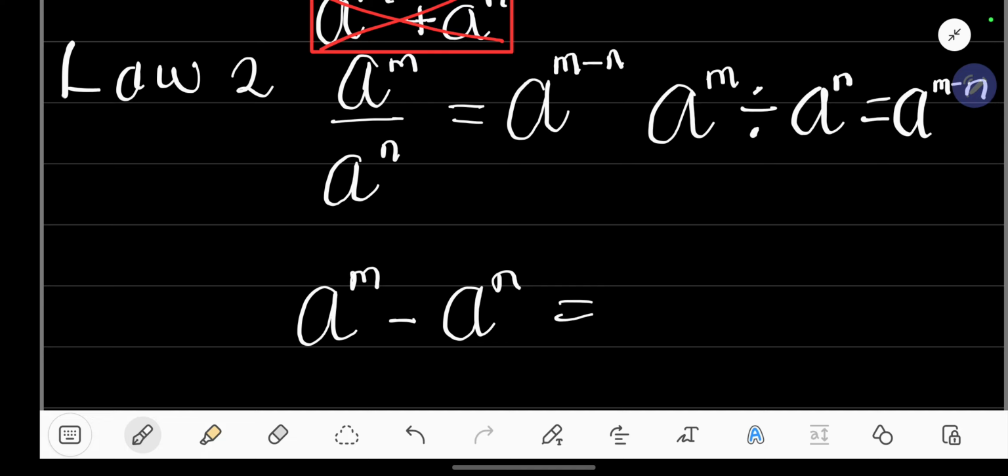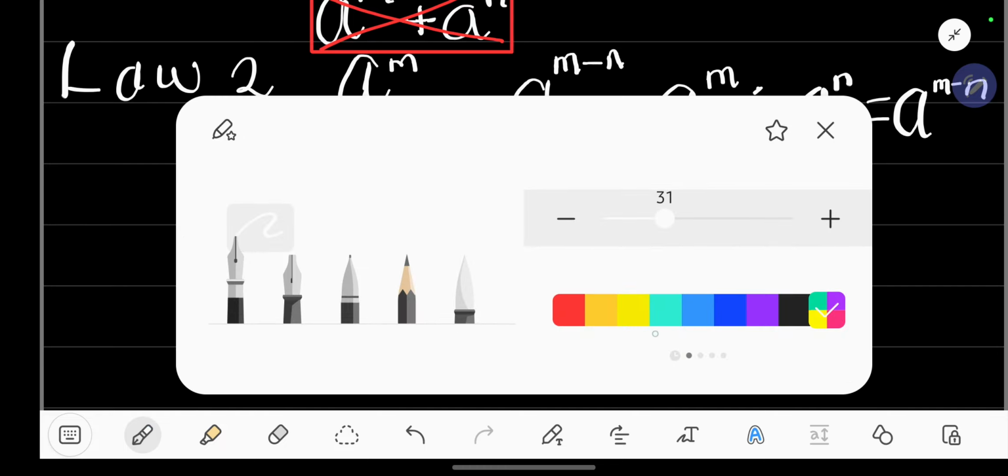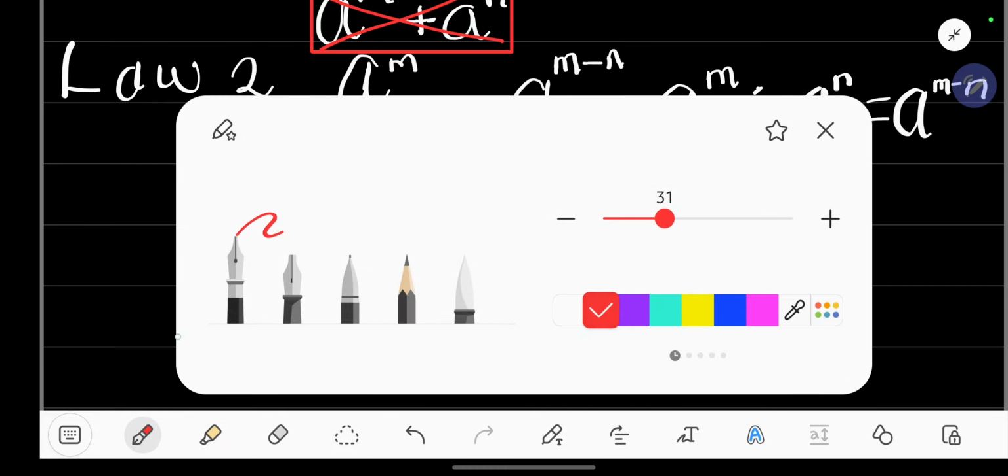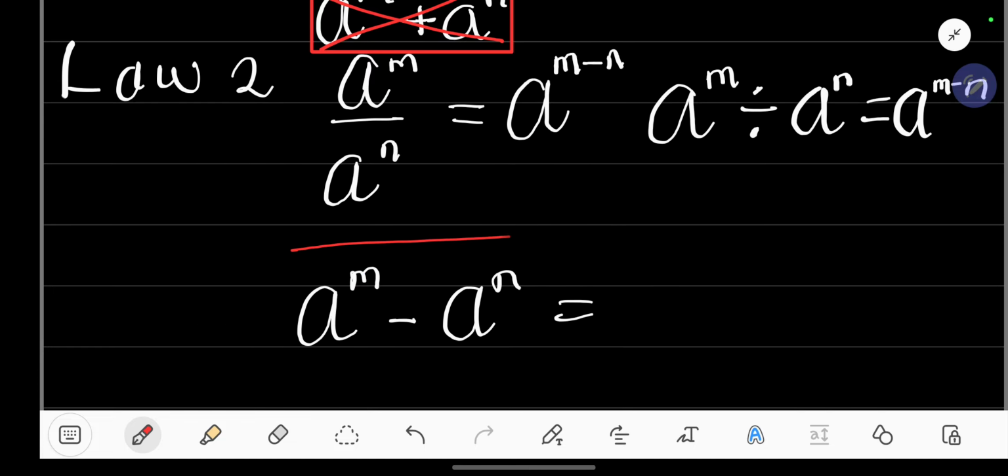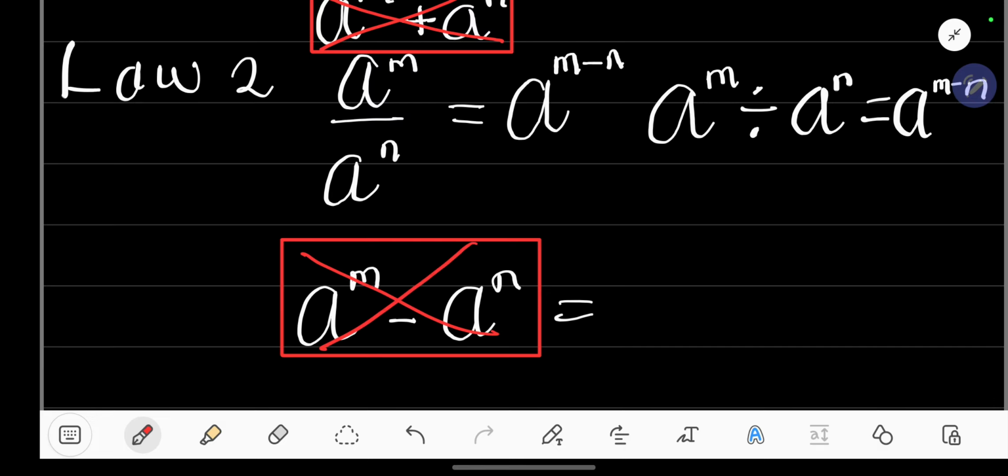Don't ever take a chance and apply the rule for dividing the powers of the same base. Law number two doesn't apply when you subtract them. I'm saying this because I've seen it happening most of the time, from experience, so please don't be confused.